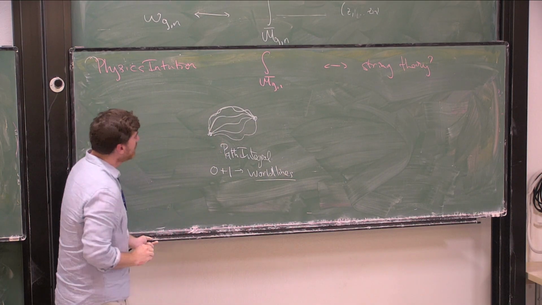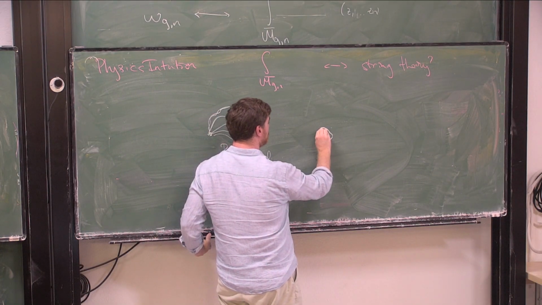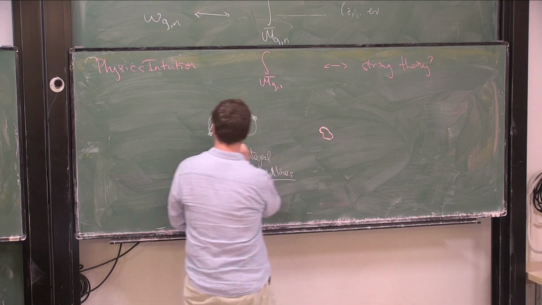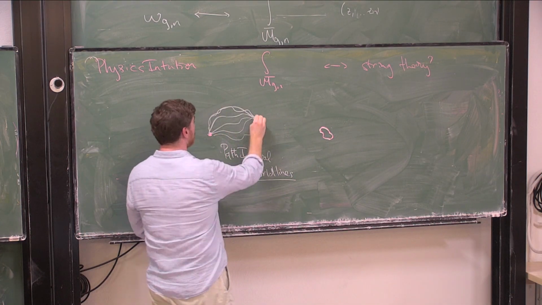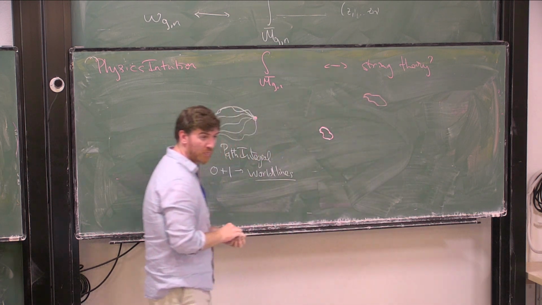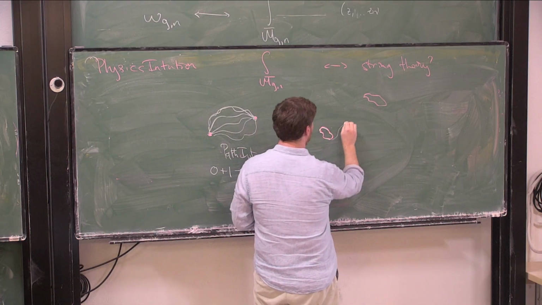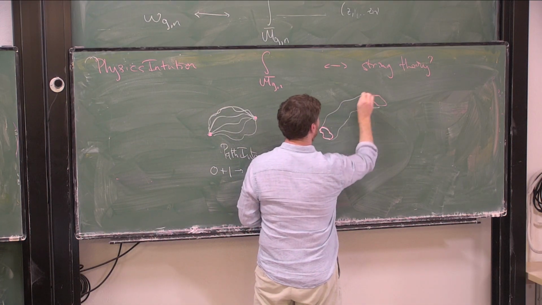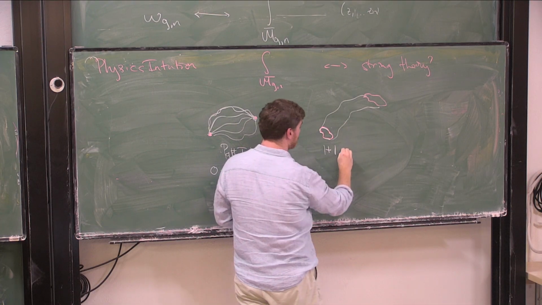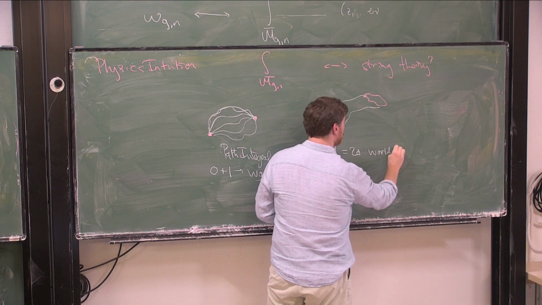Okay. Now, what happens when we have a string? Okay, so the basic idea of string theory is that we start with not a particle, this guy over here, okay, but now a string. So as these guys move in time, what happens is that they sweep out a two-dimensional surface. Right? So we have one dimension here, plus another one of time. This gives a two-dimensional, what we call the world sheet.